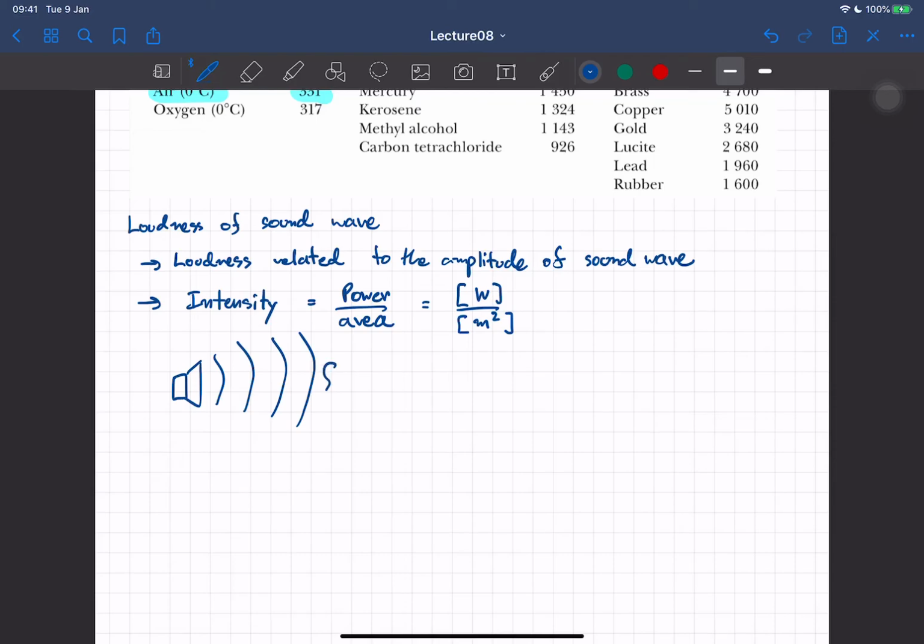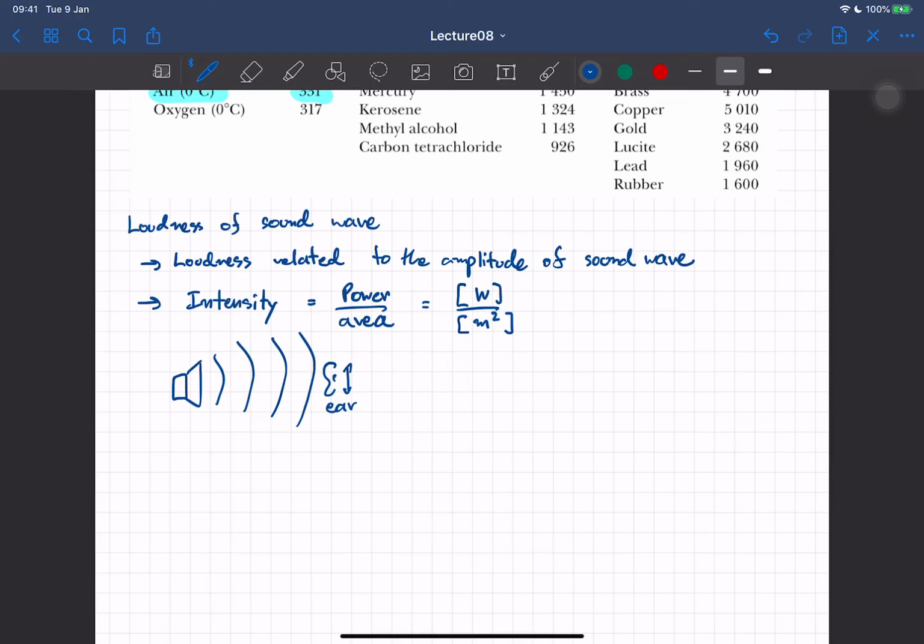So your ears look like this, right? So this is your ear as a detector. And the area we're talking about is the area of the detector. So how large your ear is, or ears are, if you use two of them.